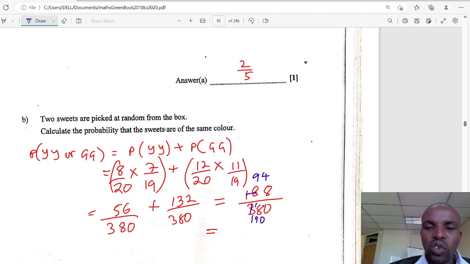You can also say by 2. What about by 4? 4 can't. Then by 2 again. 2 into 9 is 4, remainder 1. 2 into 14 is 7. Then by 2 again. 2 into 19 is 9, remainder 1. Then 5. So it's 47 over 95.